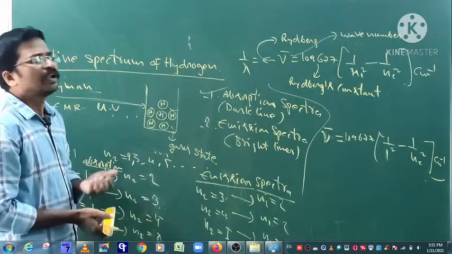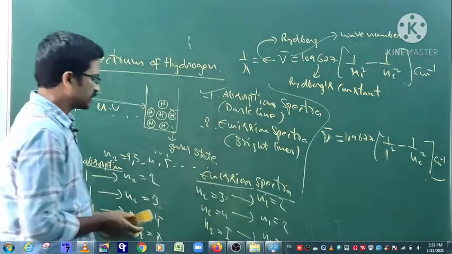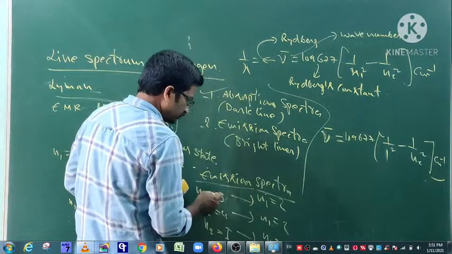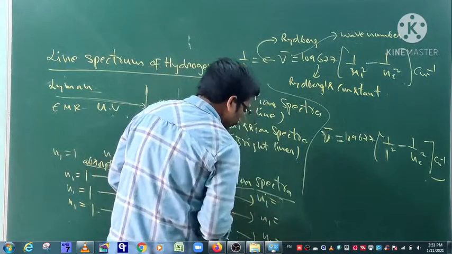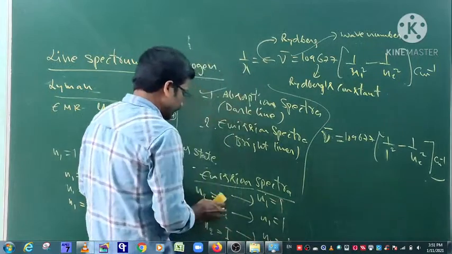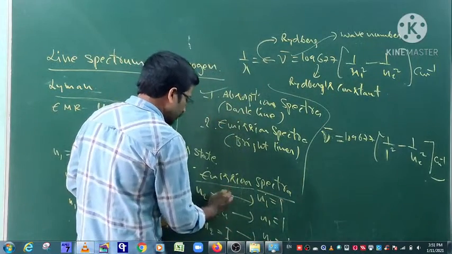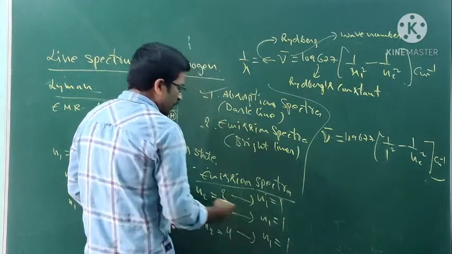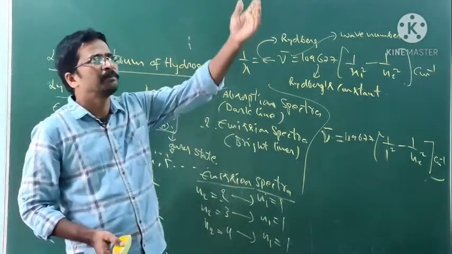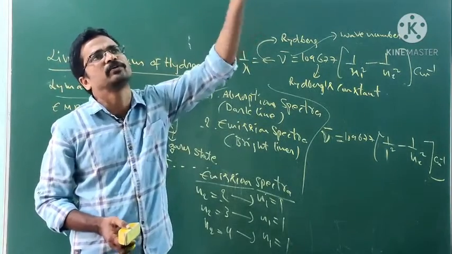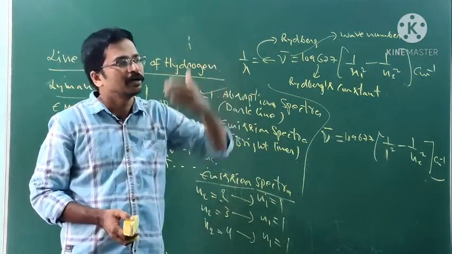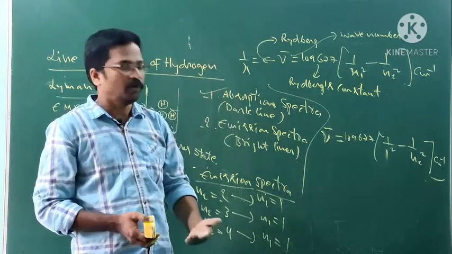Lyman also gave the emission spectra. In emission spectra, the electron comes from 2 to 1, 3 to 1, 4 to 1, from any energy level to the ground level, n1 is equal to 1.